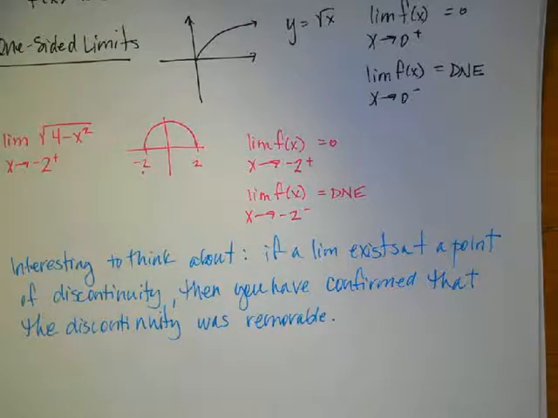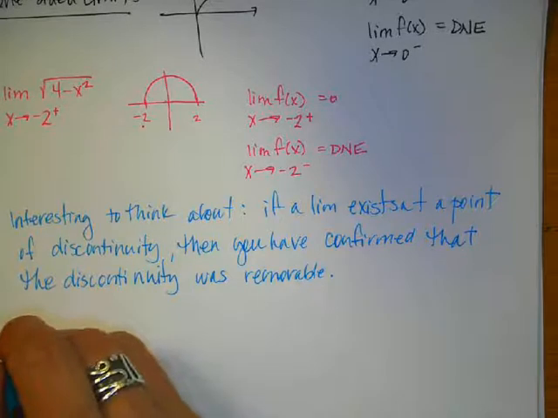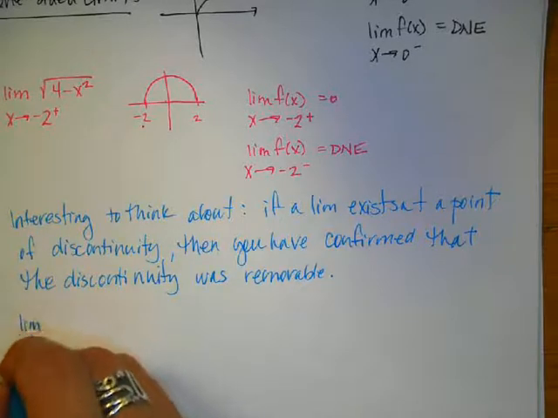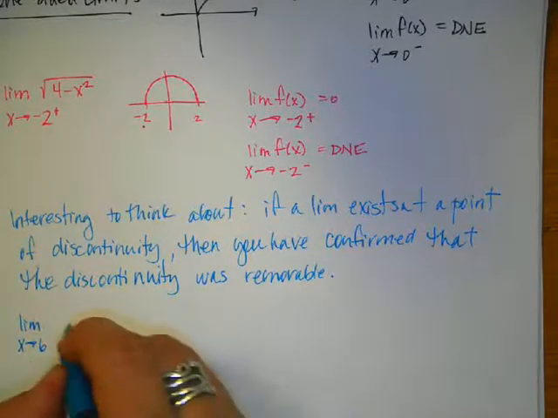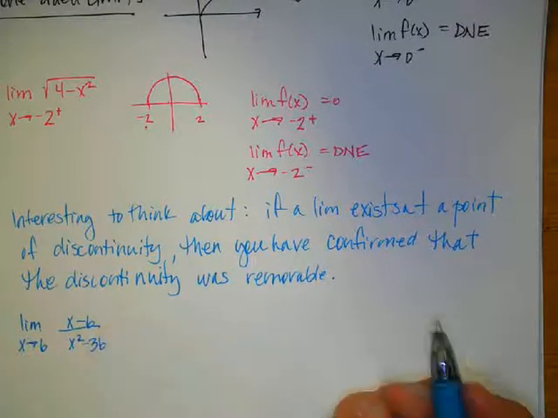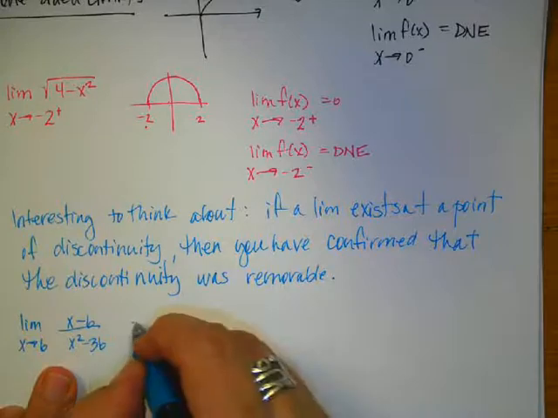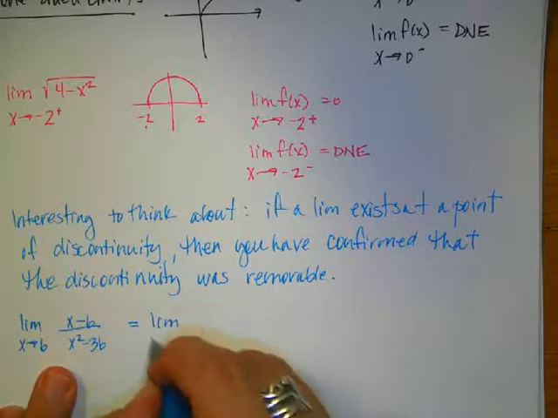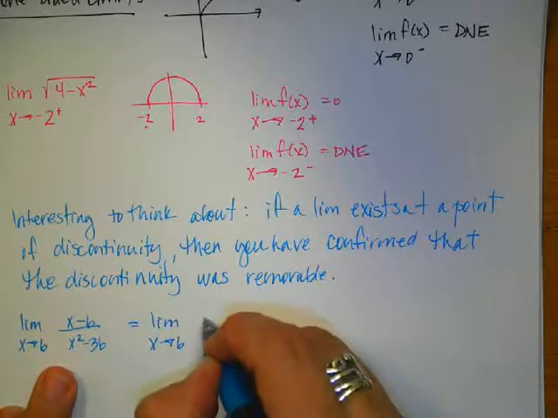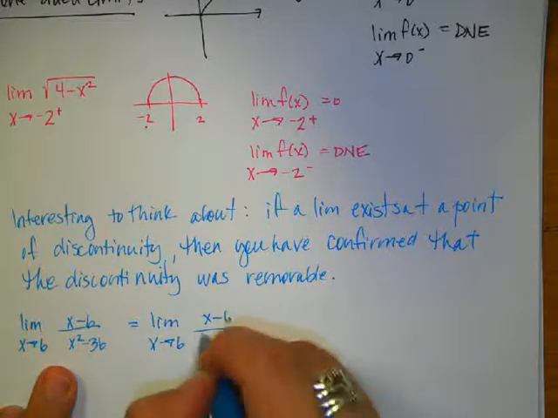So let's do an example to illustrate that. Let's say I want to do the limit as x approaches 6 of (x minus 6) over (x squared minus 36). I can't just do direct substitution because I get the indeterminate form, so I'm going to do some rewriting. This is the limit as x approaches 6 of (x minus 6) over (x plus 6)(x minus 6).